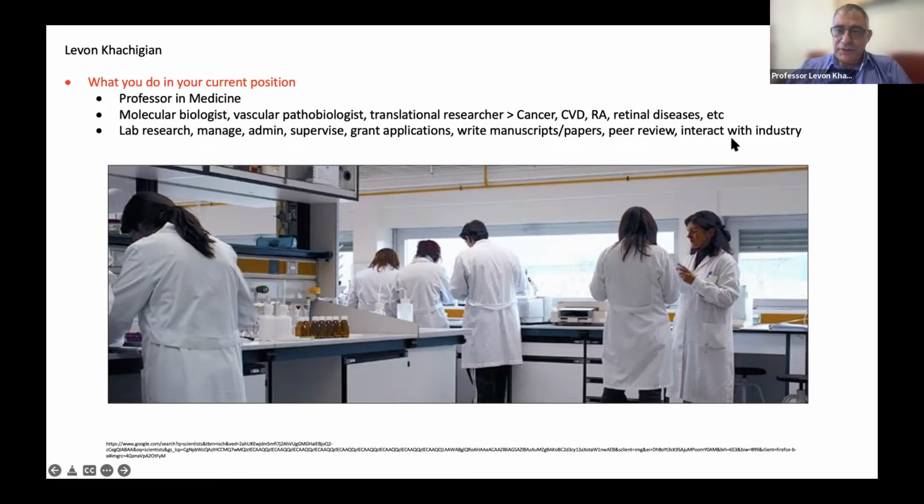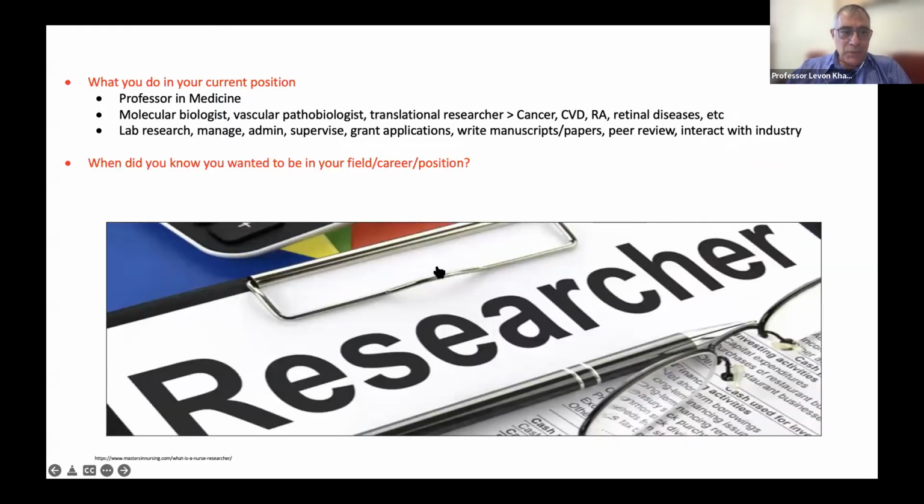Not all scientists do this, but I also like interacting with industry because it is a very important way of translating what's done at the bench, which can be comparatively sterile, to what happens beyond the window, that is, to the real world situation.